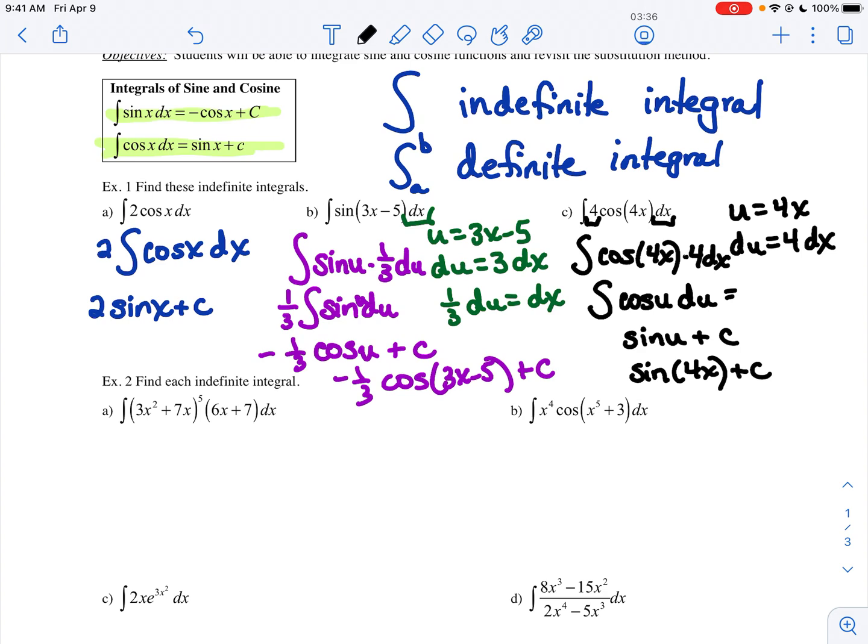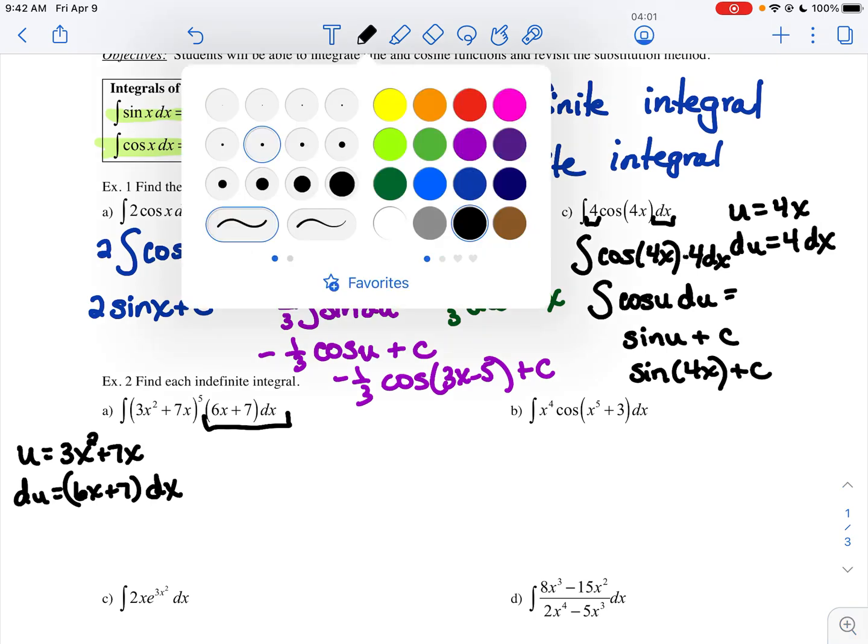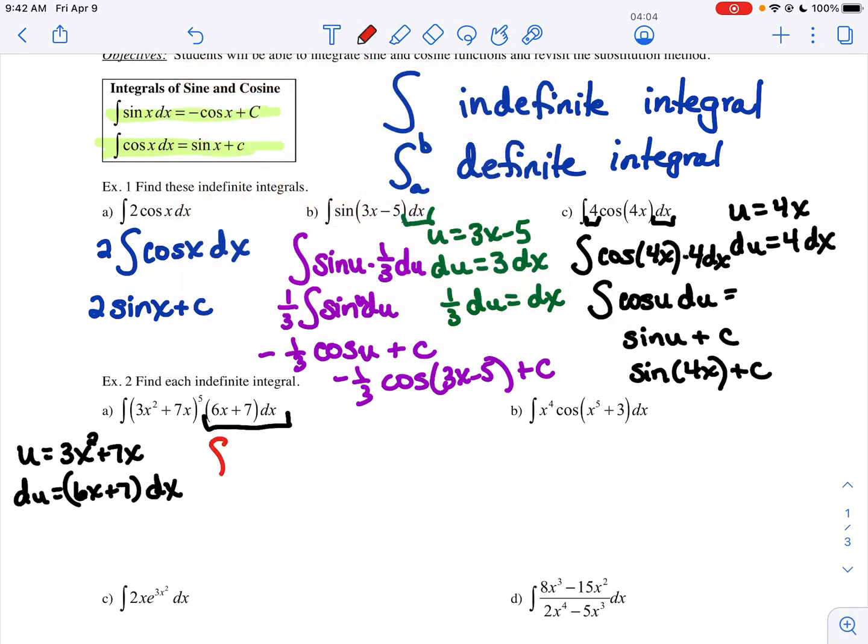All right, let's look at example 2, letter A. So in this one, I'm going to let u equal the 3x squared plus 7x. du is 6x plus 7 dx. So do you see right here, that whole piece, 6x plus 7 dx is going to represent the du. So I'm going to have the integral of u to the 5th du.